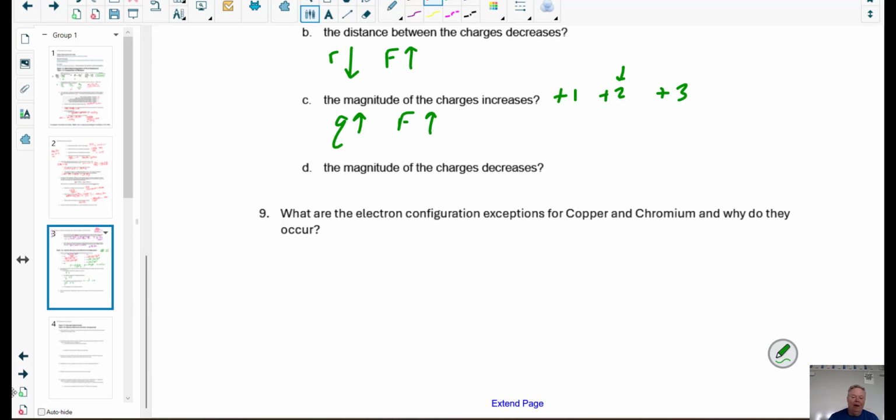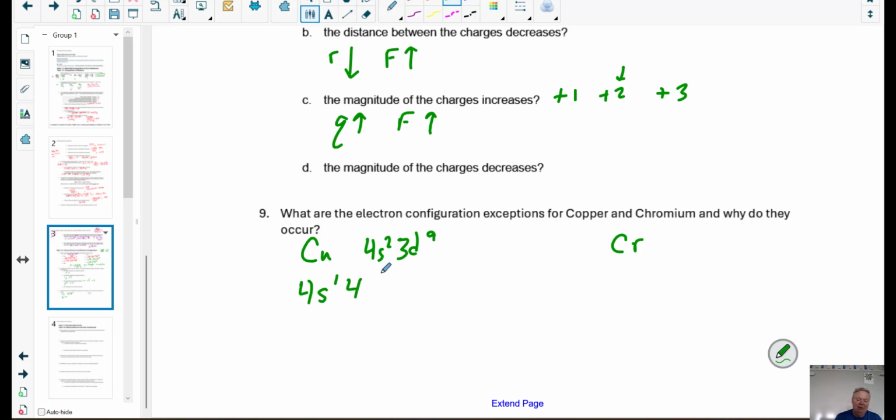All right, and here we know copper and chromium. When we're thinking about copper, we would normally expect 4s2 3d9, but remember it doesn't do that. Why? Because it is less energy.